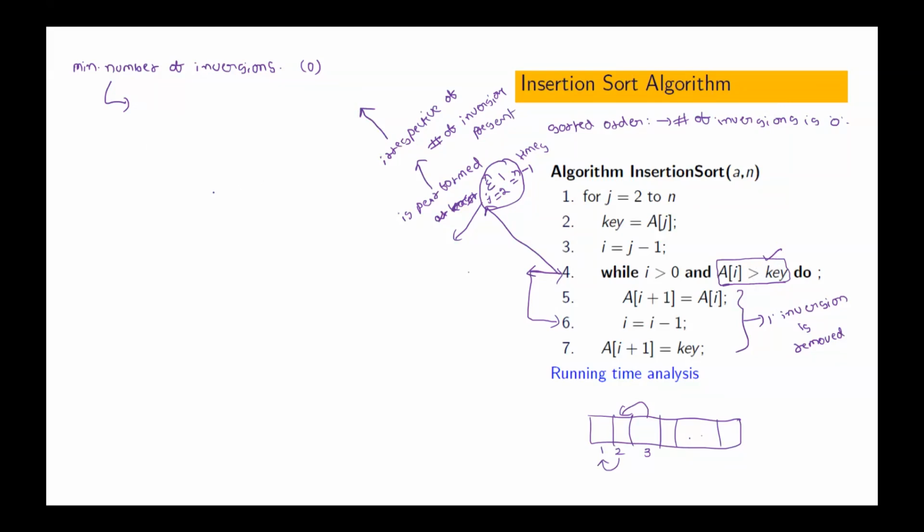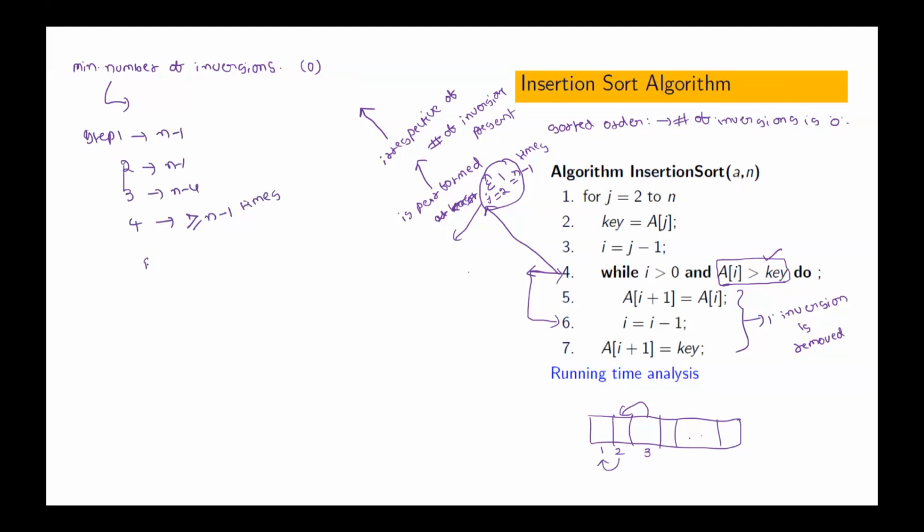Now you tell me, in the insertion sort algorithm, step 1 takes n minus 1 times, step 2 n minus 1, step 3 n minus 1, and step 4 at least n minus 1 times.